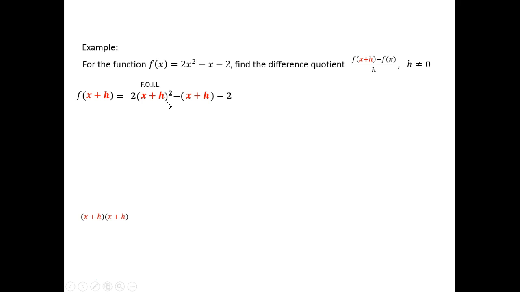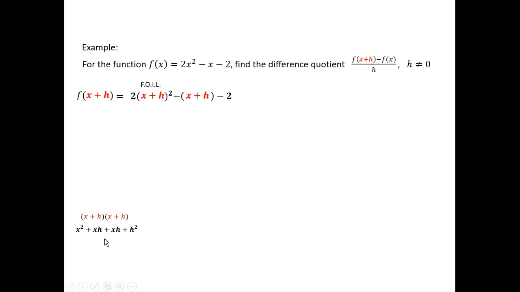X plus h squared actually means x plus h times itself. When you go through the FOIL, you're going to have x times x, x times h, h times x, and h times h. And that's going to give you x squared plus xh plus another xh plus h squared.